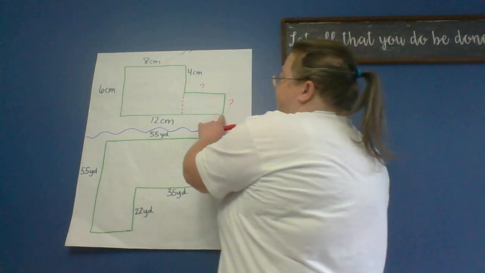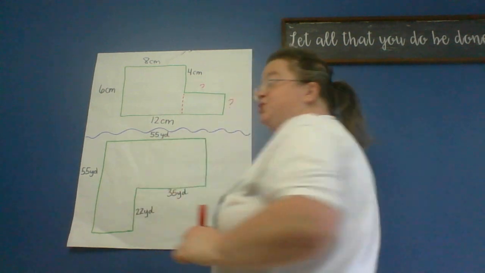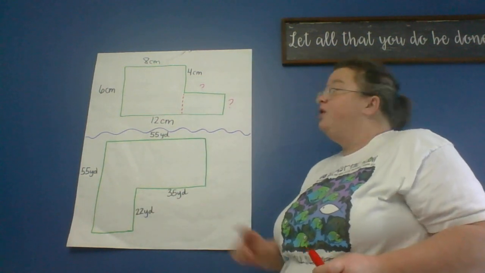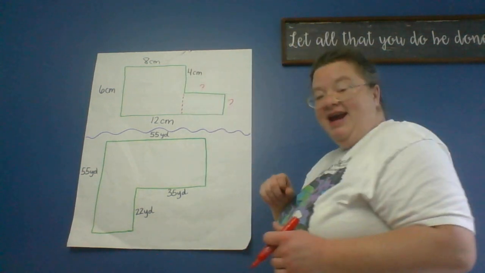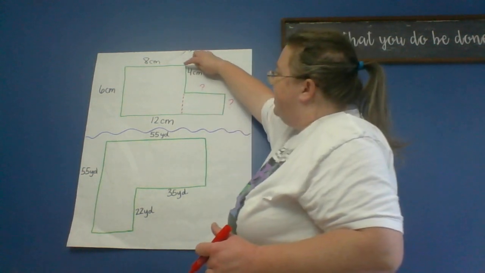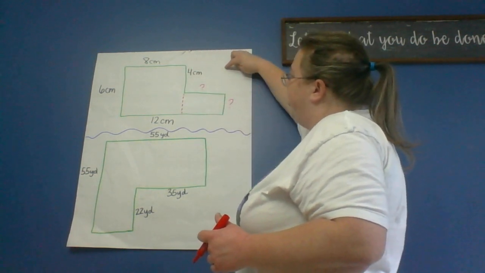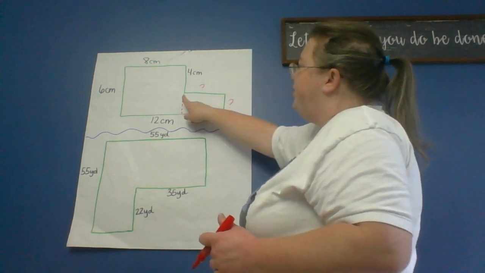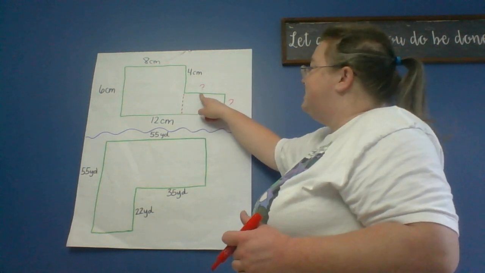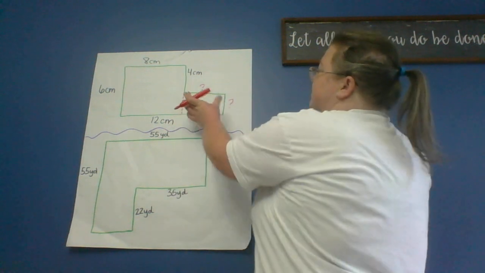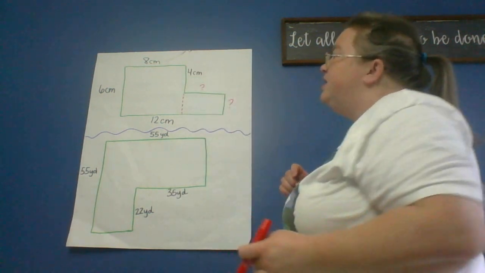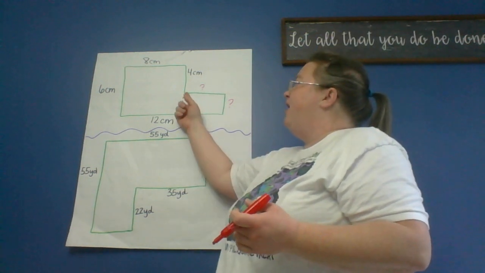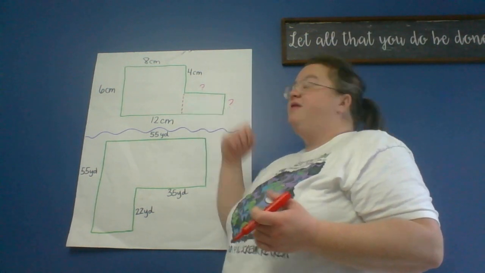We know that the length of the bottom is 12 centimeters. We know that the length of the top is 8 centimeters. Now, if this line came out here before it went down, it would be the same length as this, okay? Because if I just move this down, it's the same length. So I've got to figure out what this equals.